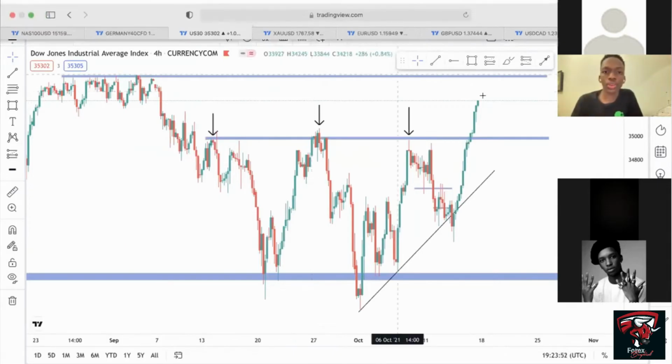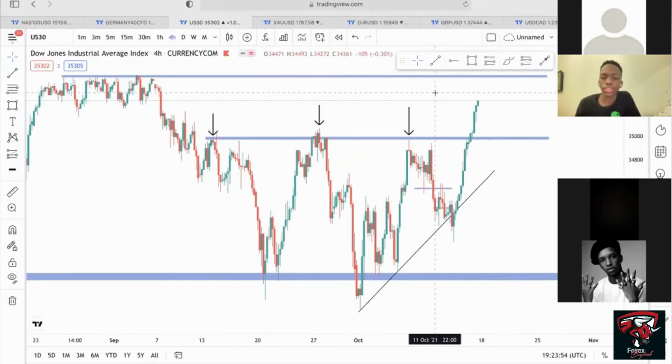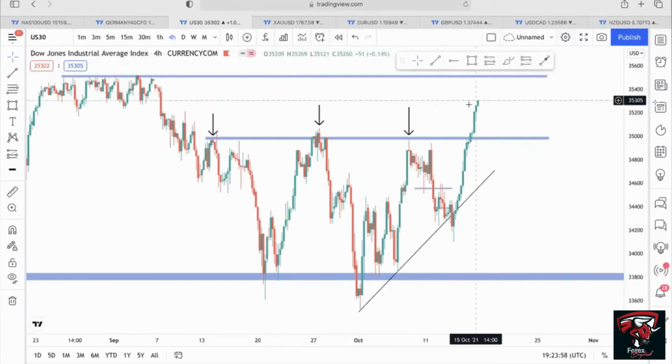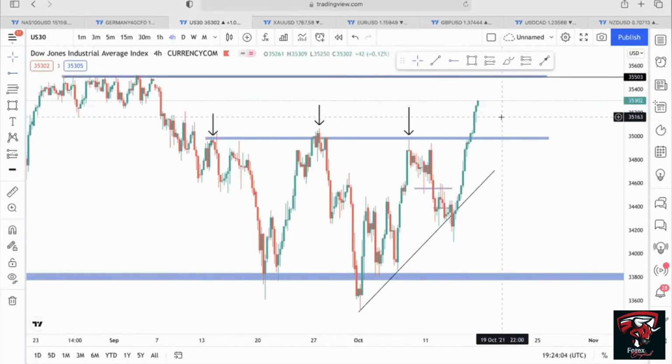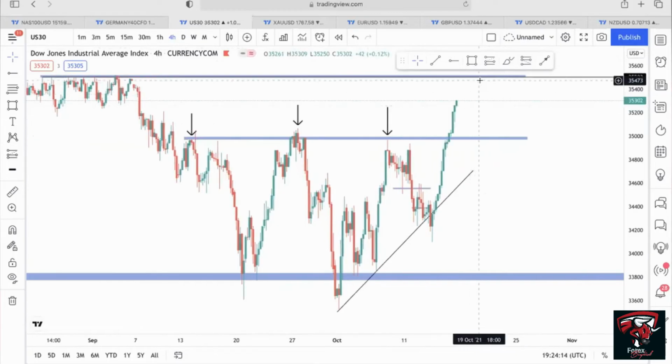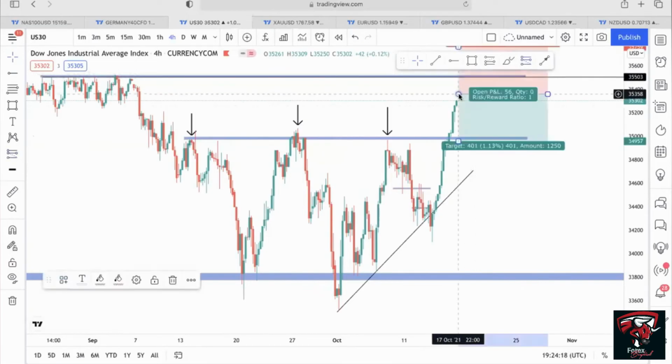As you can see, this zone over here, let me just put in an array so I can give you an accurate number, 35503, is our next zone, guys. So USD is going to carry on shooting up, but let's wait for USD to approach this zone over here.